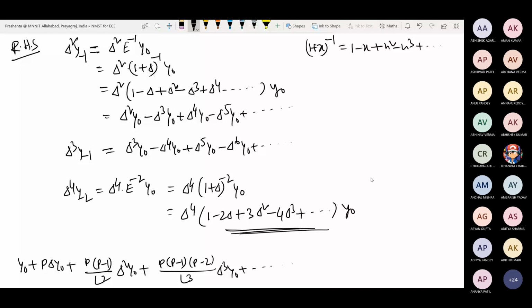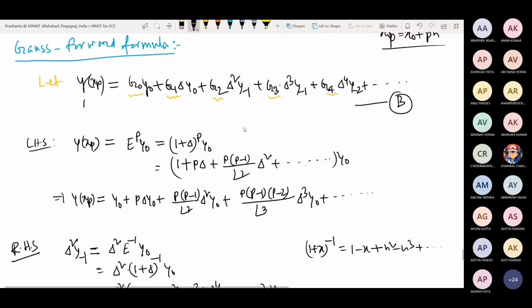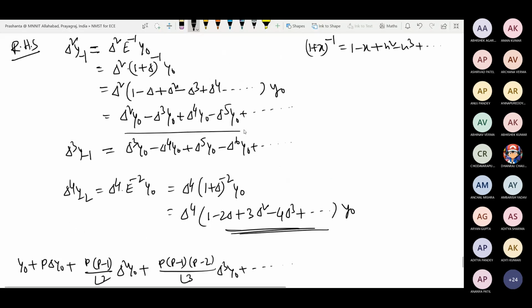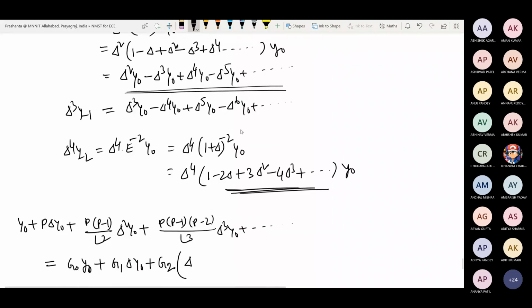So on the right hand side, the first two terms I have written. Next term is g2 into del square y minus 1. So what is del square y minus 1? Substitute there. Del square y minus 1 will be del square y naught minus del q y naught plus del 4 y naught minus del 5 y naught, and so on.